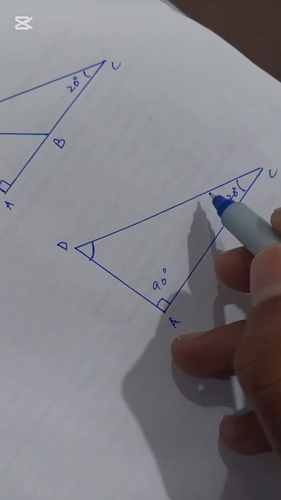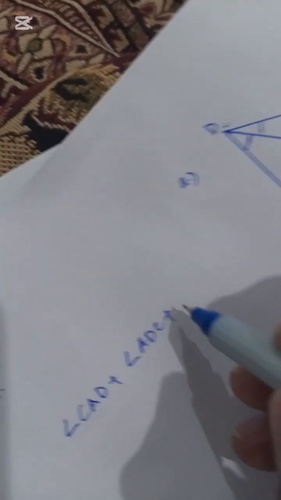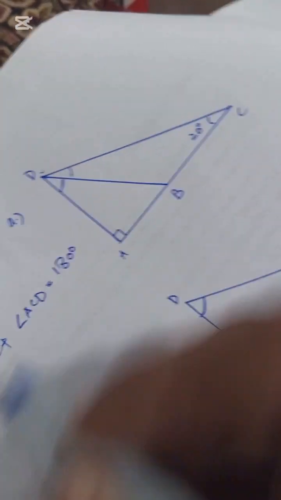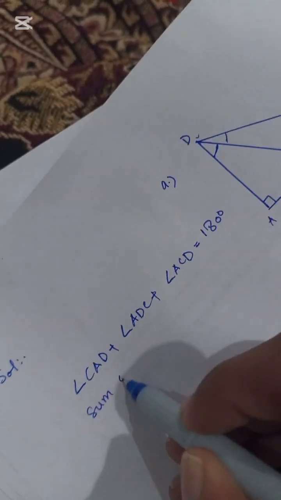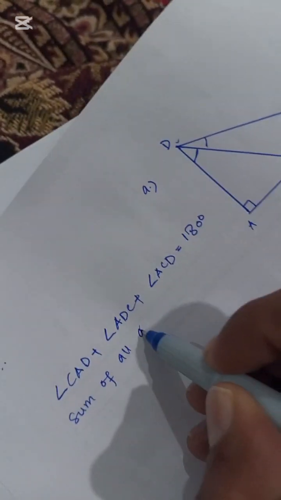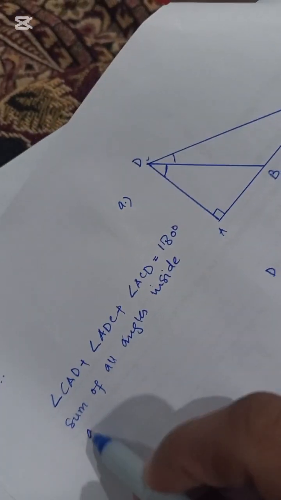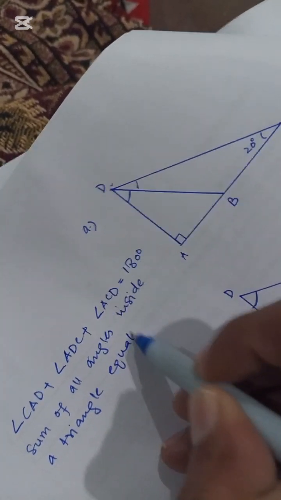The reason is that the sum of all angles inside a triangle equals 180 degrees.